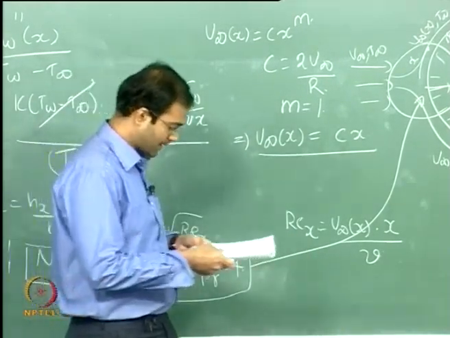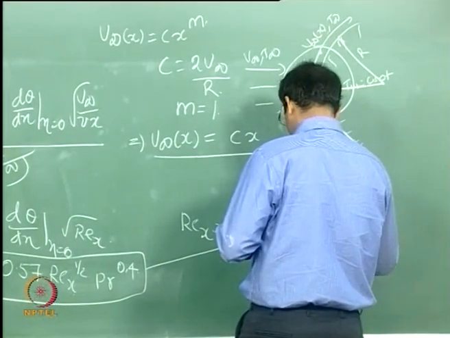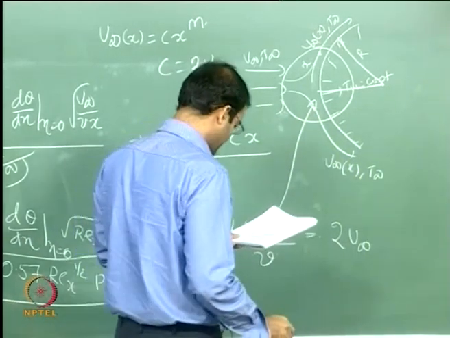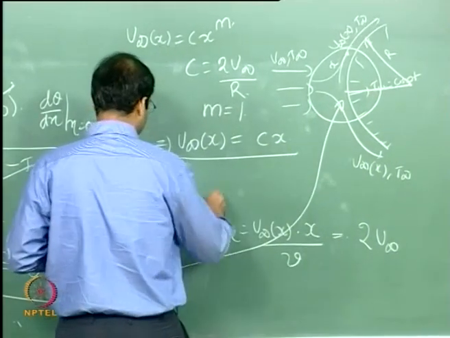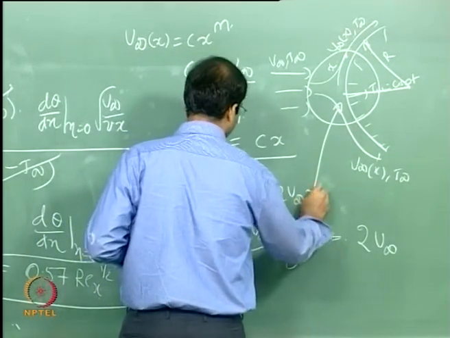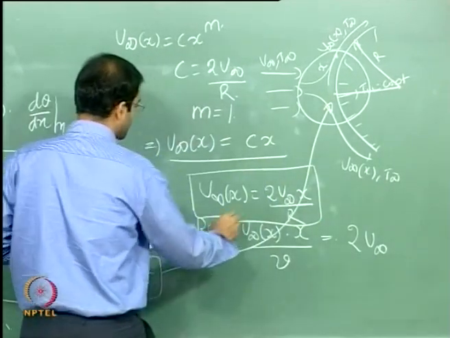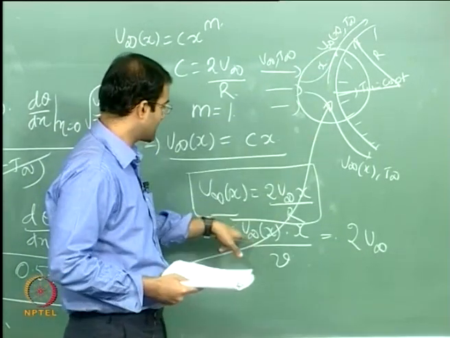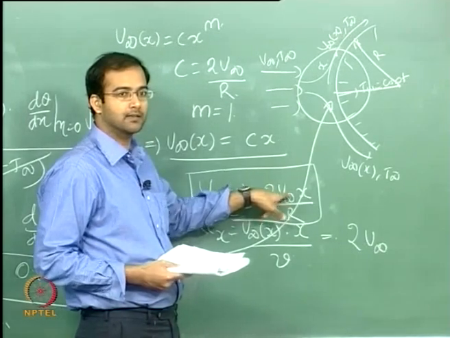Now you can write your u infinity of x in terms of 2 u infinity x by r. This is your local velocity profile related to the free stream velocity for the stagnation region. So you can substitute for u infinity in terms of the constant free stream velocity, x and r.